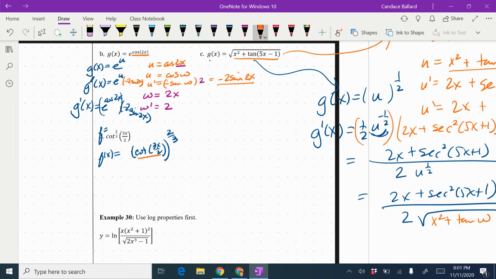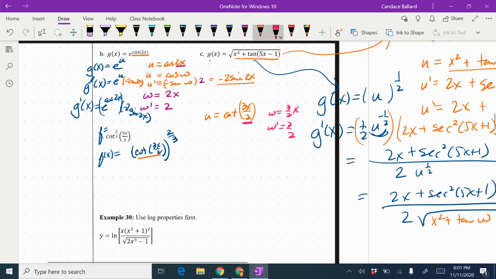So my u has got to be the cotangent. So I'm going to say u equals cotangent of 3x over 2. Which means I have another inner function right here. So that I'm going to call w. So w equals 3/2 x, which means w prime equals 3/2.